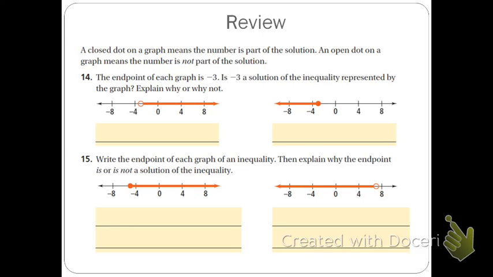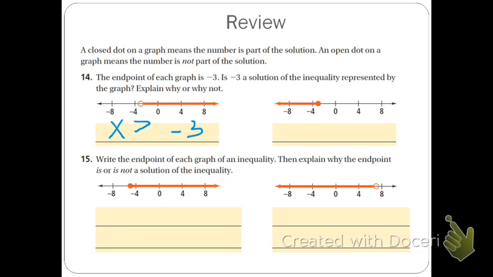You have -1, -2, -3. It's not quite on -4, so I'm assuming that endpoint is at -3. And because our arrow is pointing to the right, we're going to make our inequality symbol also point to the right. It is left open, so I will not include the equal sign, and I'll put my X here. So that graph is representing all the values that are greater than -3.